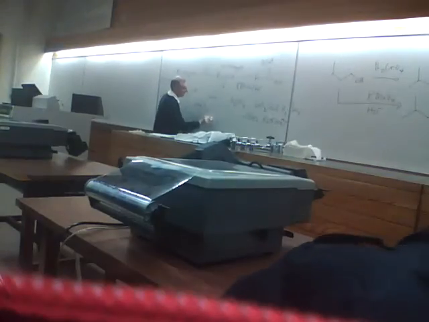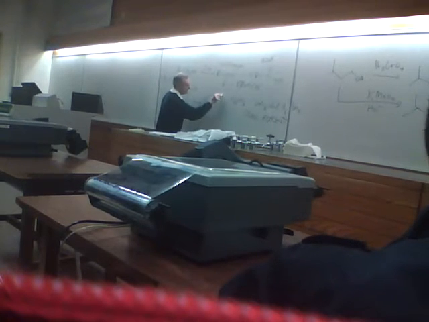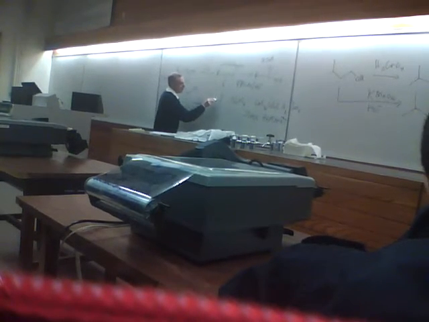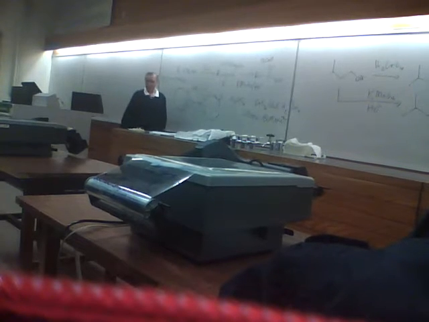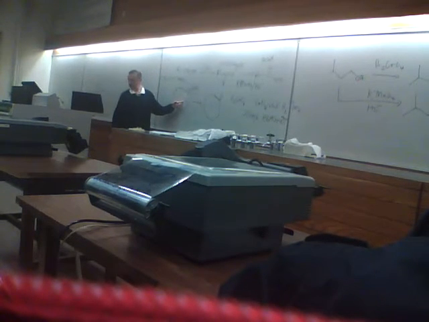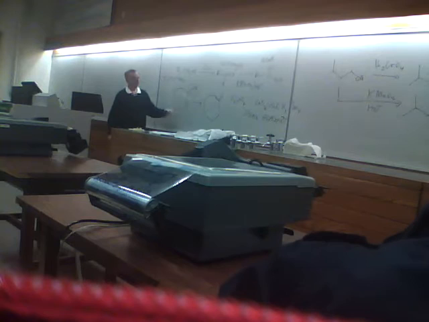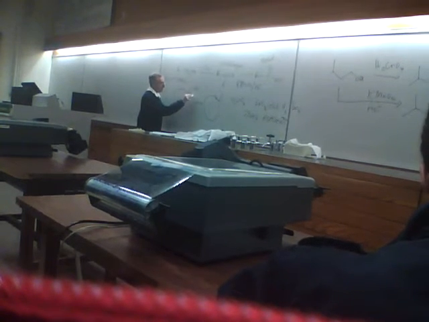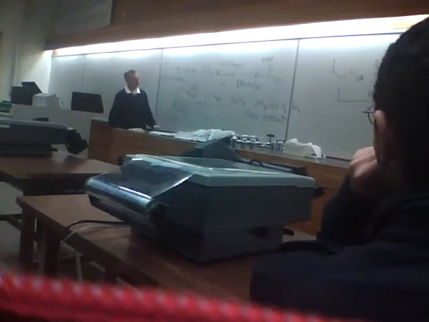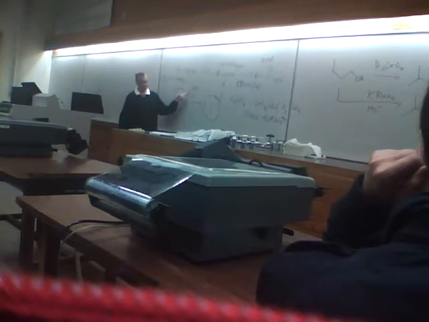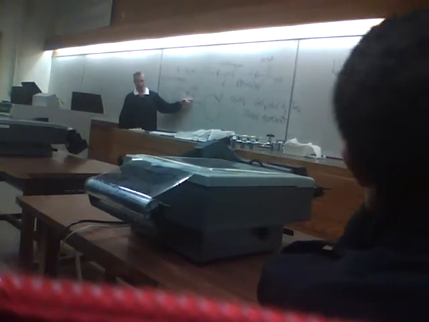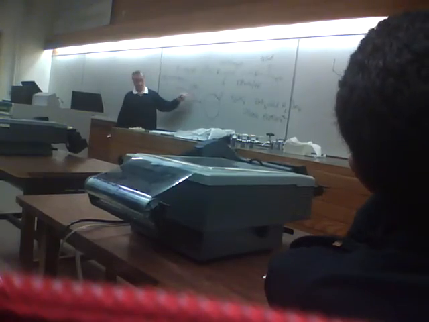Now I need to tell you about the mechanism. Before I do, I should complete this. So this now is the ketone. I've oxidized this alcohol to a ketone. If you compare the picture of the alcohol with the picture of the ketone, the carbon bearing the OH group has one hydrogen on it, which has now disappeared.